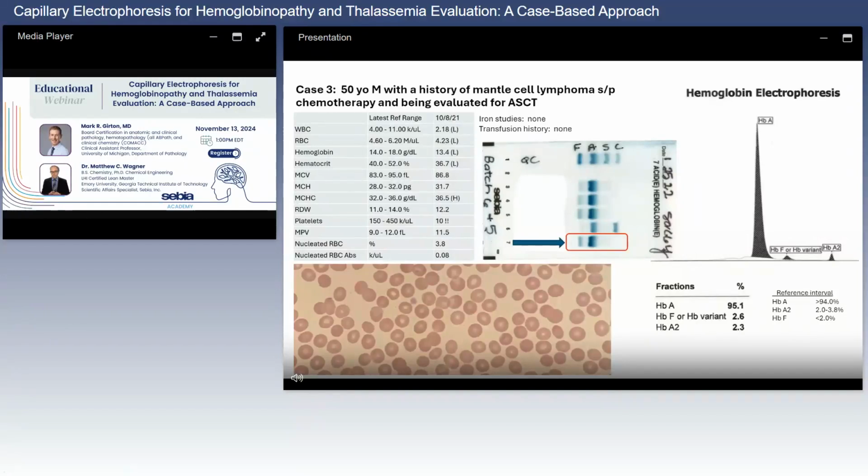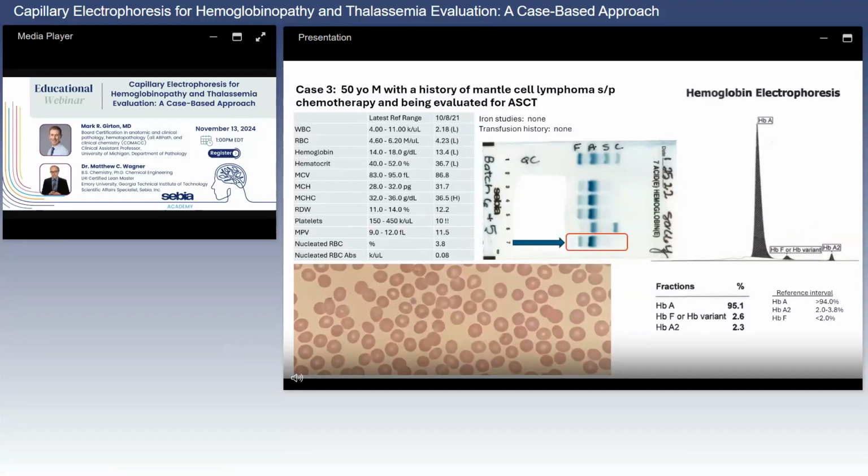In this case, we ran an acid gel that confirmed the hemoglobin F here and A that we see on the capillary electrophoresis. Hemoglobin A2 is not seen as a separate band in acid gel. It'll be in with the hemoglobin A band there.